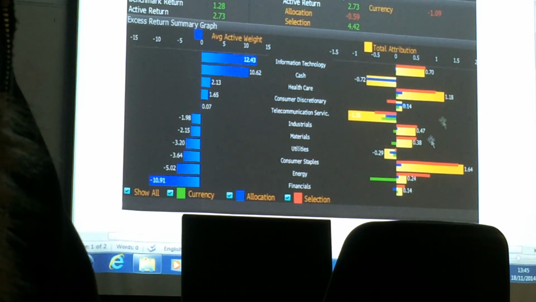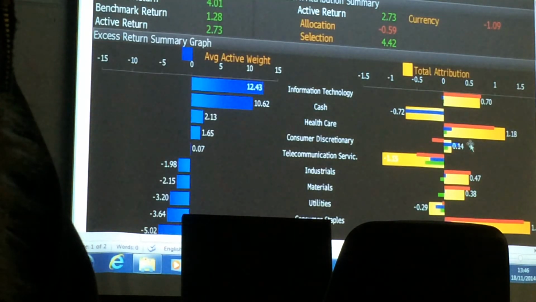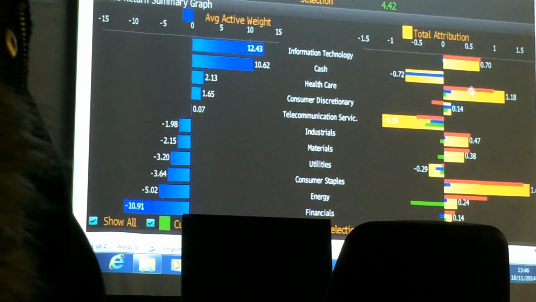So how you read these graphs, I'm going to stick to healthcare. So in healthcare, you're slightly overweight. Now the blue line over here is all about asset allocation. The red line is stock picking. The green line is currency.